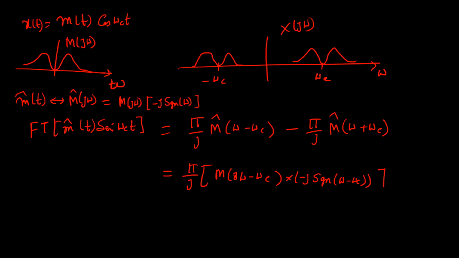So this is the first term, minus π/j, again the same thing, capital M(ω + ωc), and multiplied by minus j signum of (ω − ωc).